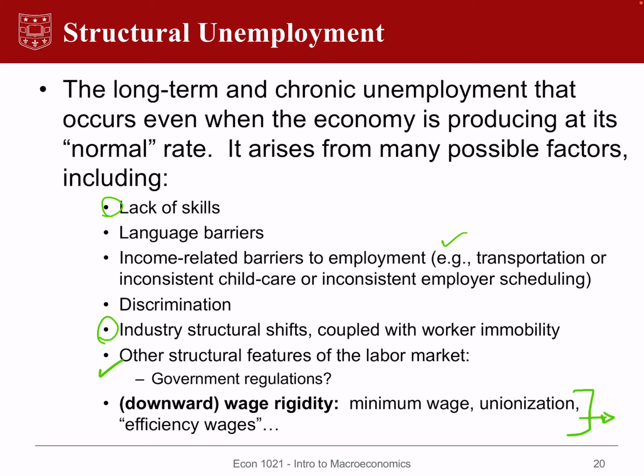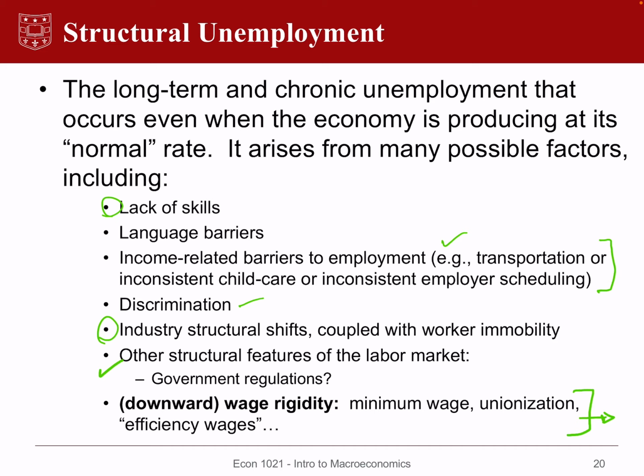So these kinds of things that are very much driven by affluence or lack of affluence or out and out poverty are things that can contribute to structural unemployment. And then, of course, there's discrimination. So if people are acting in a discriminatory fashion, then there just simply aren't going to be jobs available for people who are available to work.